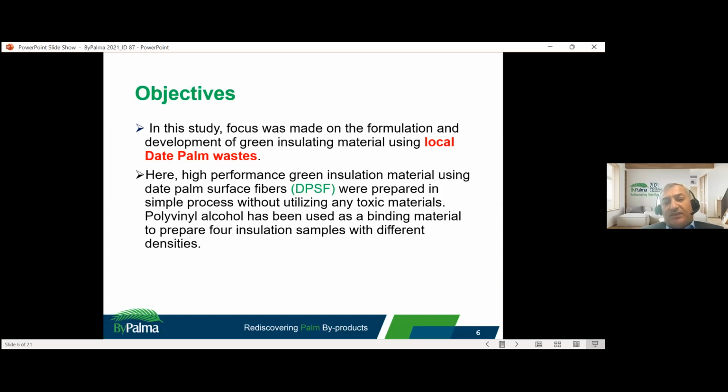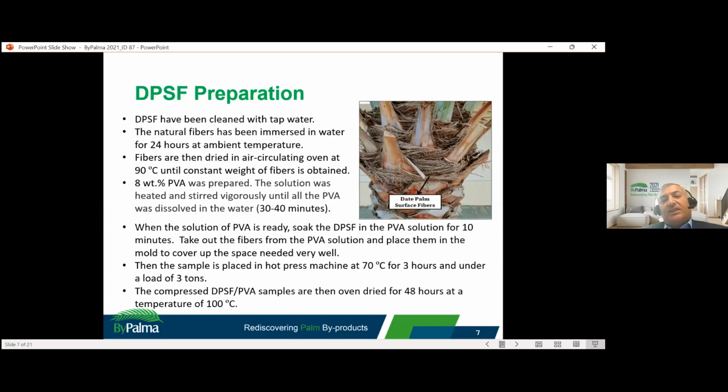We have to avoid using chemicals or toxic materials. We try to use non-toxic materials like polyvinyl alcohol, just as a binder, and try to produce date palm based thermal insulators.